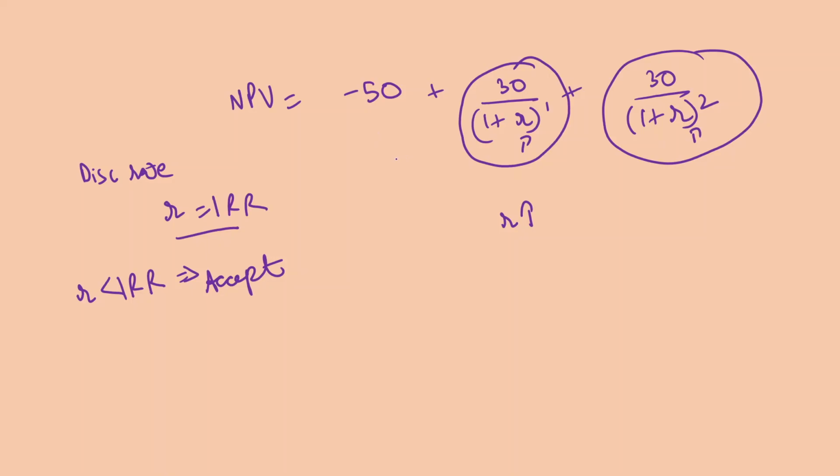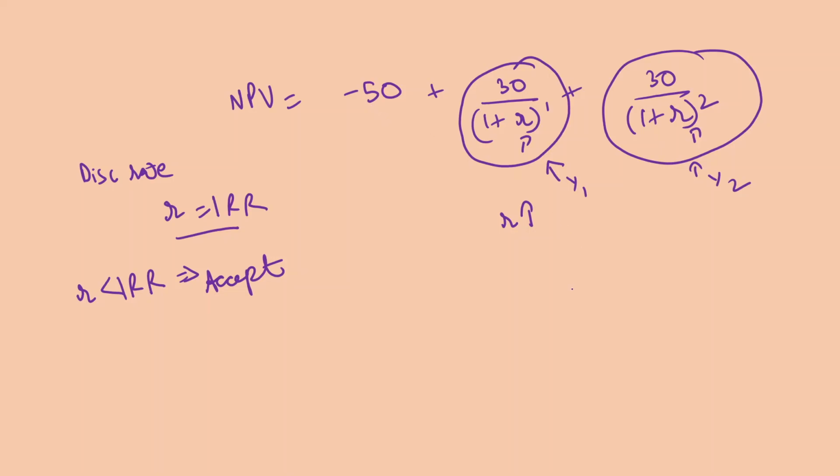Again, we know when the IRR is equal to the discount rate, the net present value is equal to zero. So when the discount rate is more than the IRR, the value of these terms in the future, this takes place in year one, and this takes place in year two, actually decreases, and the value of your initial investment remains the same because it does not depend on the discount rate at all.